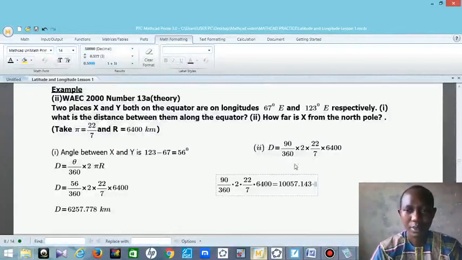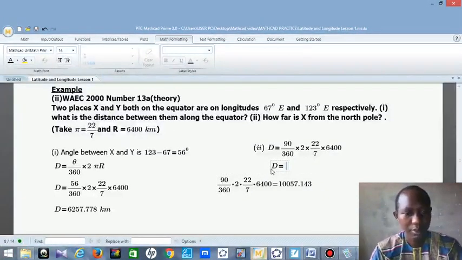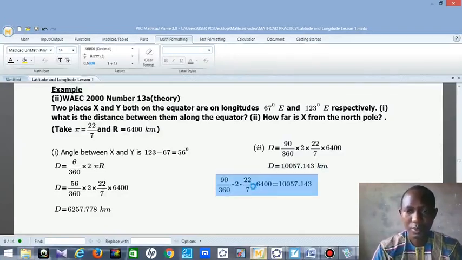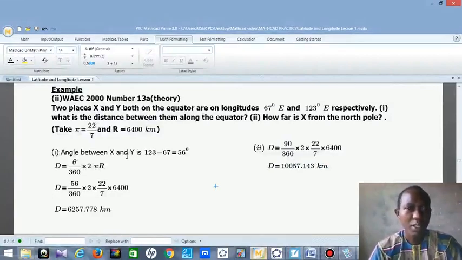So this is your answer. So D is equal to 10,057.143 kilometers. So this is the answer to this question. So that is the solution of this question. Number 1, angle between x and y.